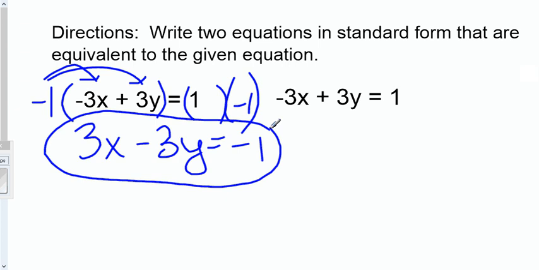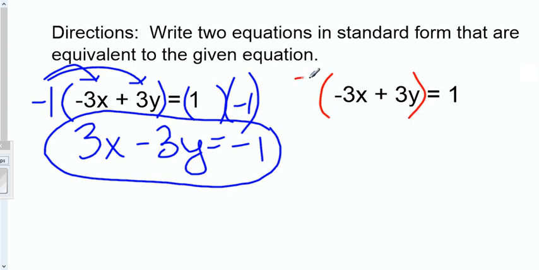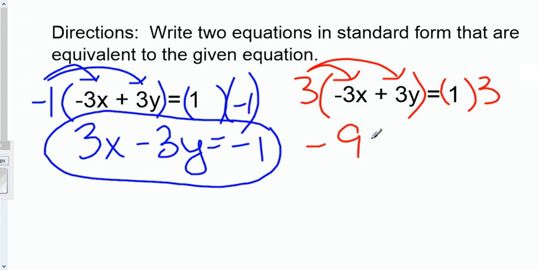I like that much better. Let's just pick another number to multiply. It doesn't really matter which number we pick. We can pick any number that we want. We've already done 2, so let's do 3. Let's multiply both sides by 3. All right, so we're going to get negative 9x plus 9y equals 3.